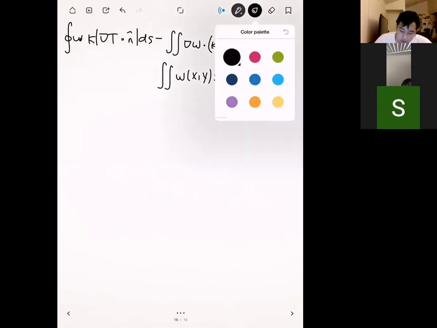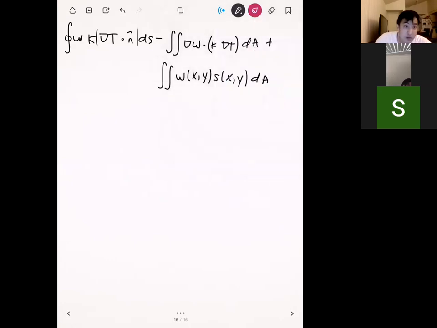And so at this point, let's look at this term right here, this k times gradient of t dot n. Let's replace this by minus q hat. So this is our Neumann condition, right?